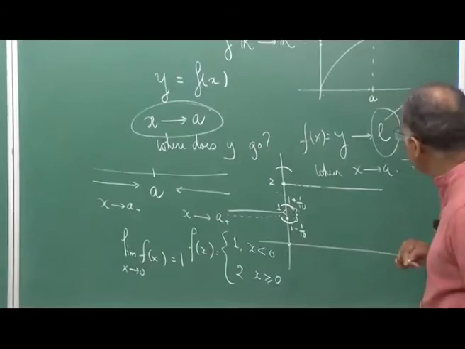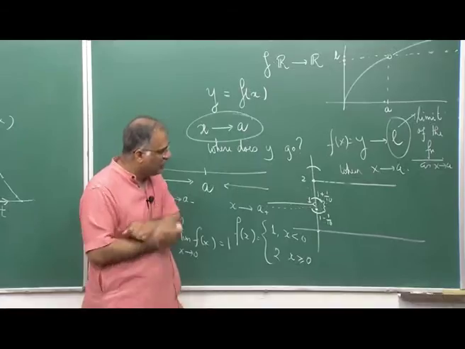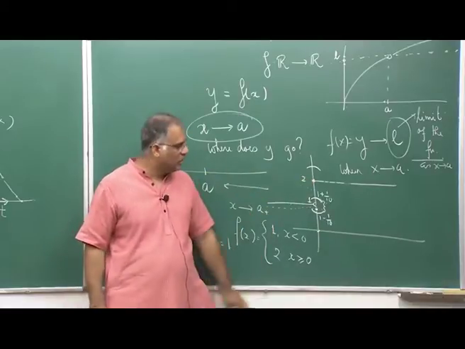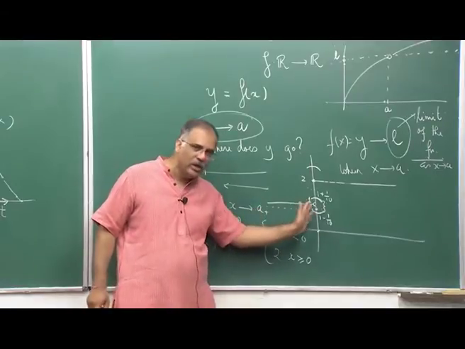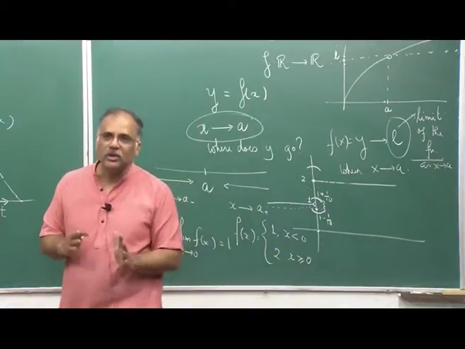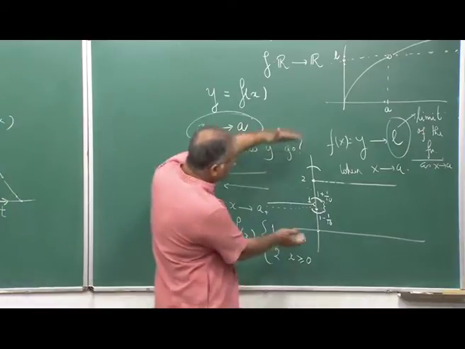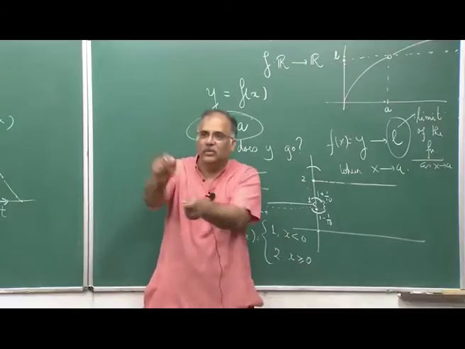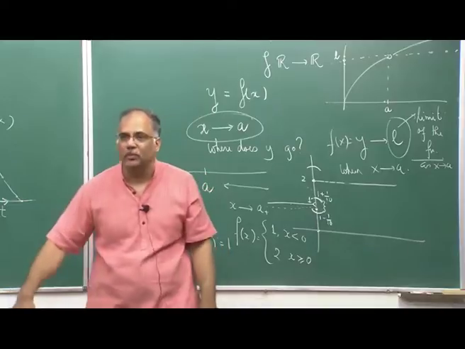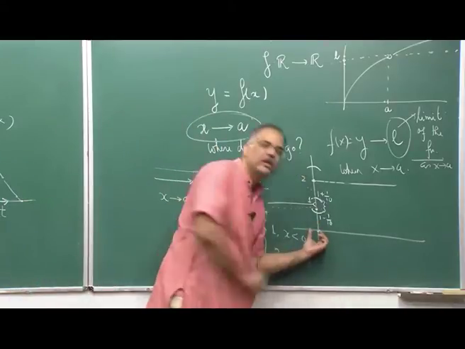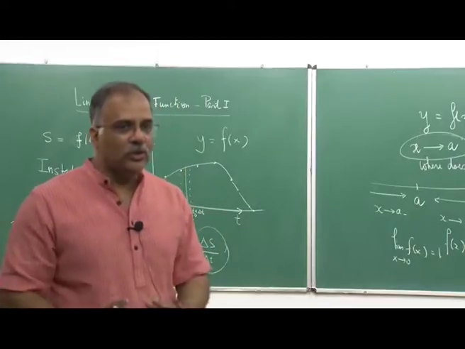So, in this very special looking case where you have only 2 choices, when you approach from the left you come towards 1 and from the right you come towards another, you cannot talk about a limit. You cannot keep shrinking the neighborhood and every time you take a point in the interval find a corresponding point in a small interval around x. Unless you do that, you cannot show the limit exists.